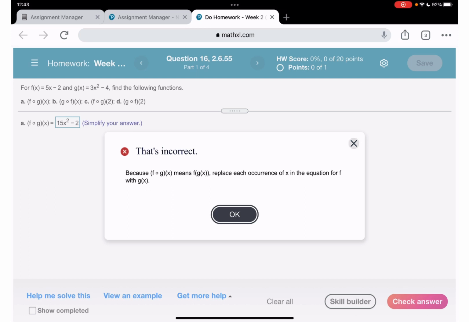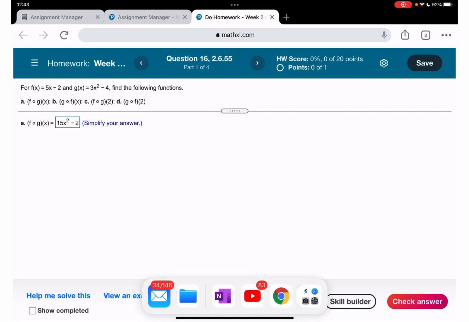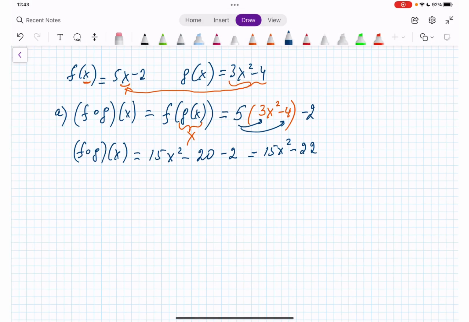Let's go back, double check, see what's happening. So 5 times 3x squared minus 4. 5 times 3x squared is 15x squared. 5 times negative 4, negative 20, and minus 2.